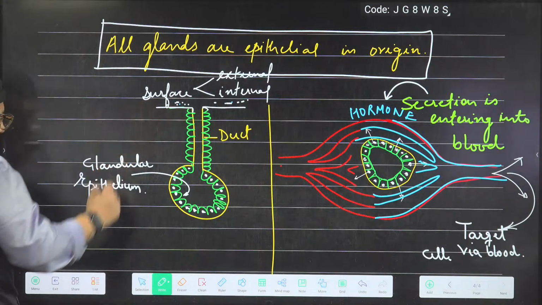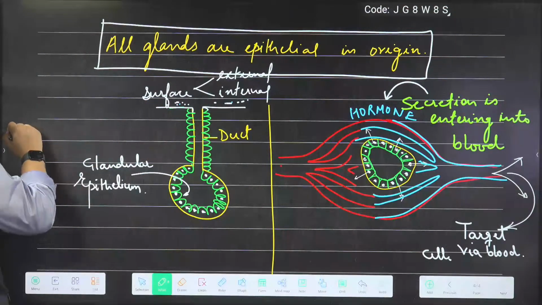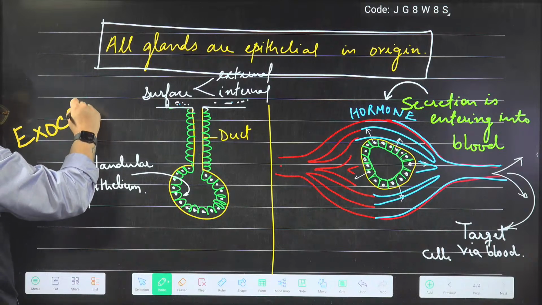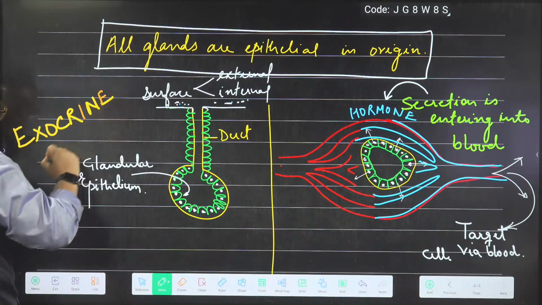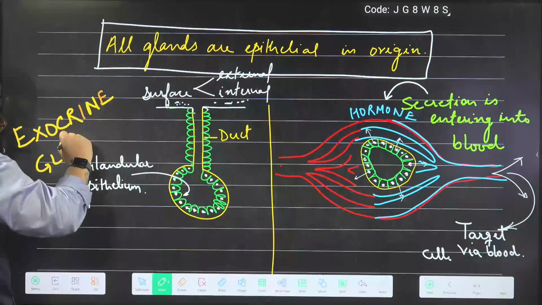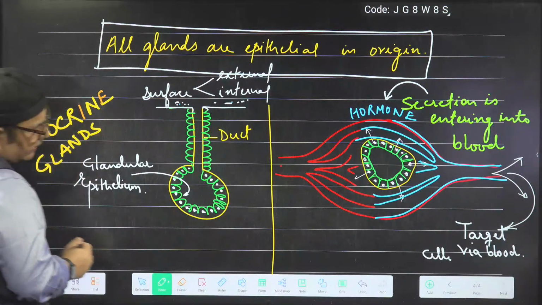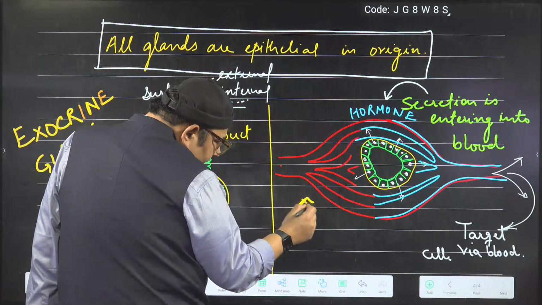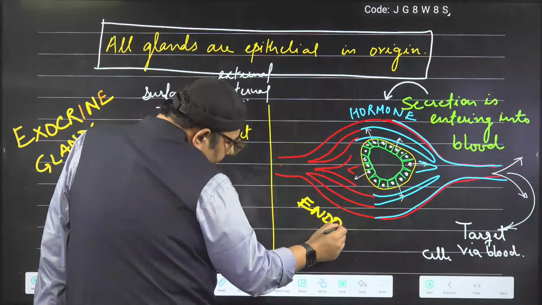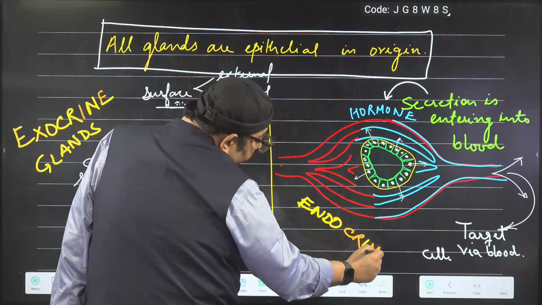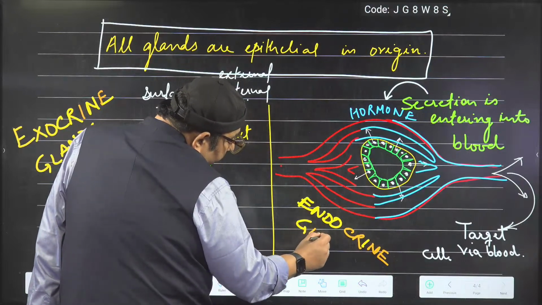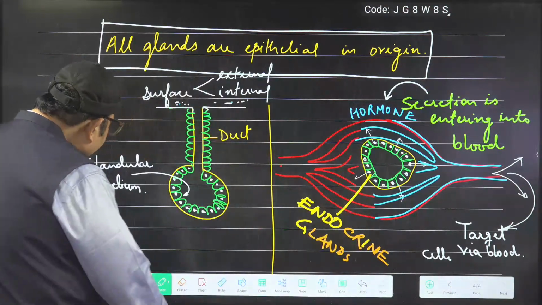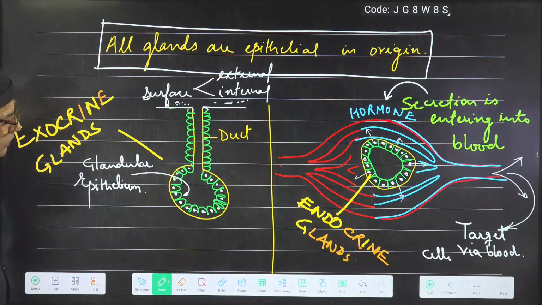All glands of this nature are called exocrine glands. And all such glands are called endocrine glands. These glands are called endocrine and these glands are called exocrine.